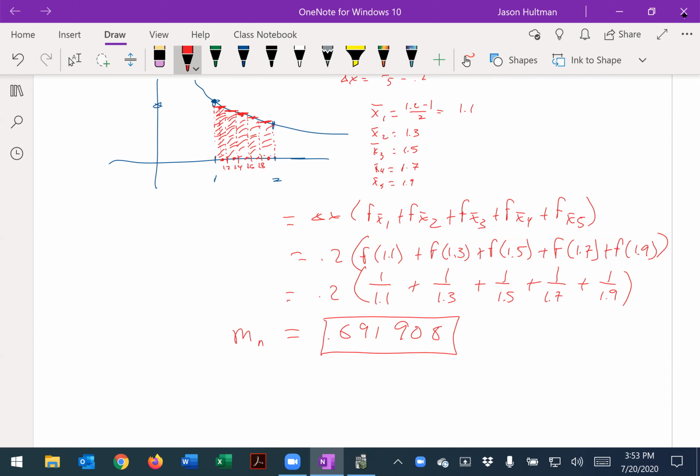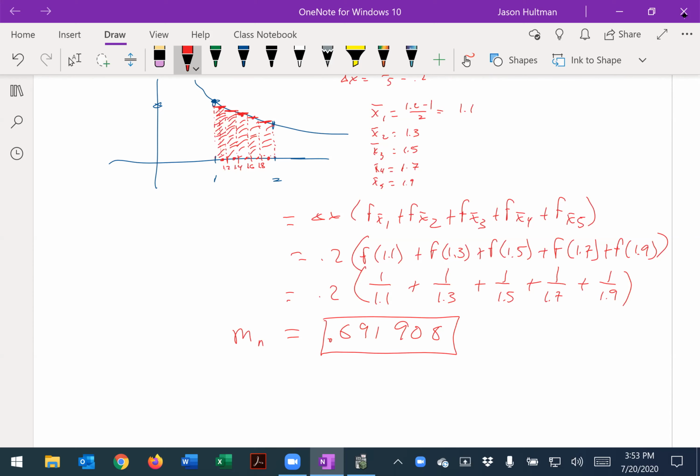So we did the left, we did the right, and we did the midpoint. Now we're going to do one more that may or may not be more accurate. Sometimes it is, sometimes it isn't. The midpoint rule could be more accurate than the trapezoidal rule, or the trapezoidal rule could be more accurate than the midpoint rule.